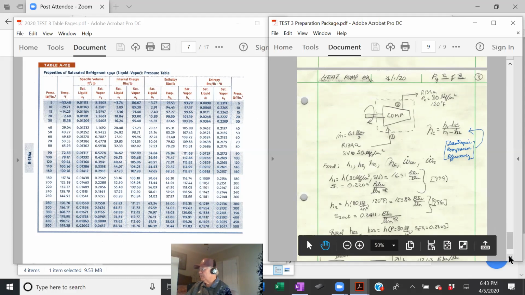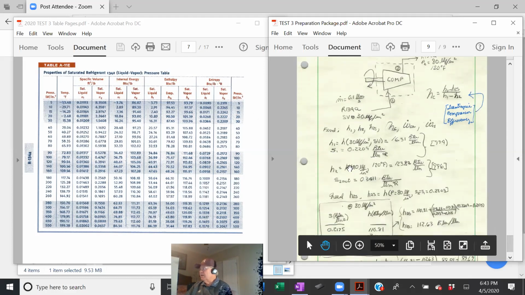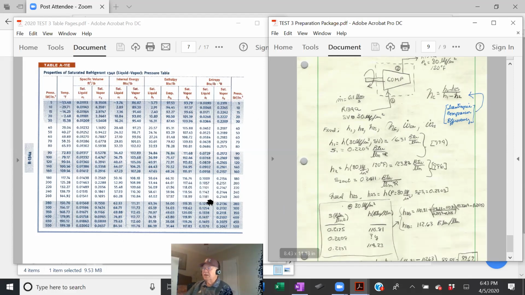All right, so we start looking up stuff. H1 is H of 30 psi in saturated vapor. Just real easy to do. Here's 30 psi. By the way, the temperature at 30 psi is pretty cold. That refrigerant is at 15.38 degrees F. 30 psi, and we want saturated vapor. So HF is 103.96.